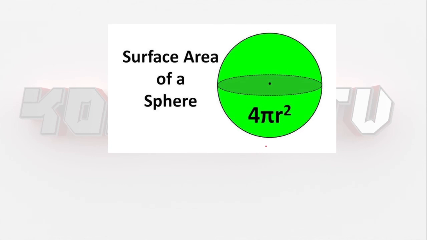Okay, surface area of a sphere. So ito yung ating formula, 4 pi r squared. Okay? So kung halimbawa meron tayong radius. Okay? Halimbawa, ang radius ng sphere ay 3 centimeter. So ang pi, again, gagamitin natin is 3.14.